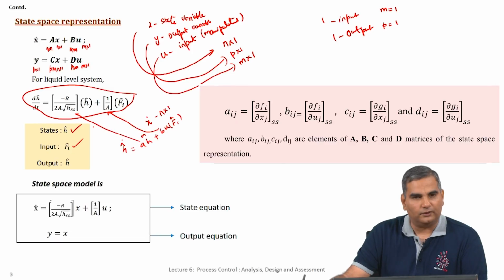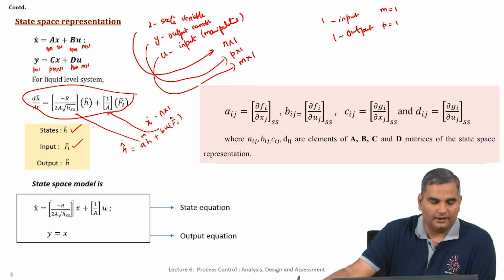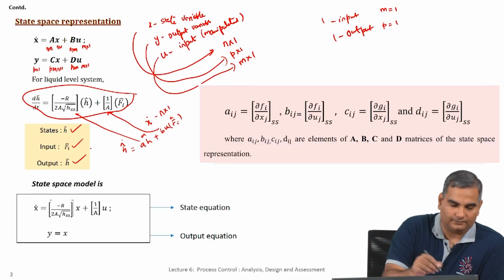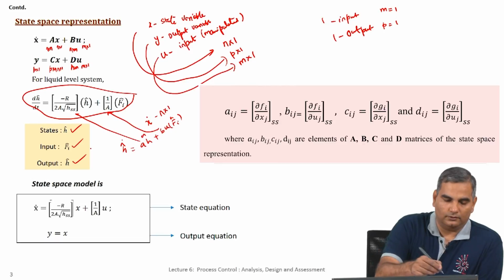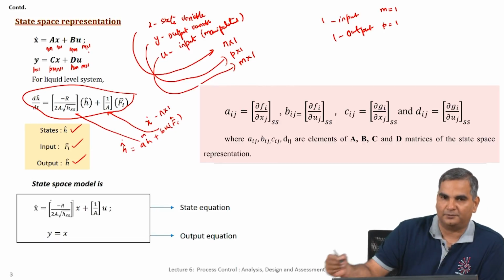Now, what about the output? If we were solving a control problem where we are measuring the height of the tank, and the output of interest that we want to control is really the height of the tank, then the output is also h hat. Okay. So, that is the mapping from this liquid tank example to the state space representation.